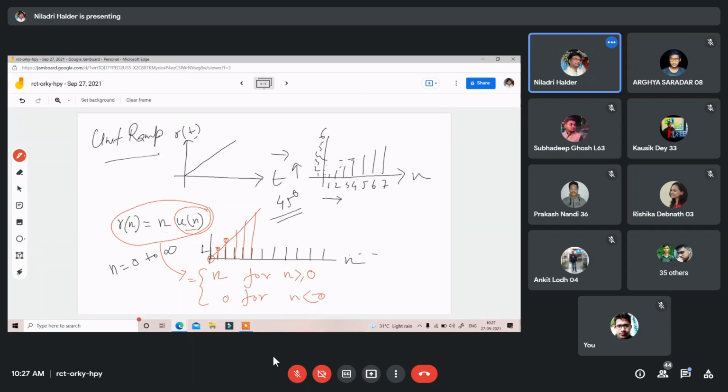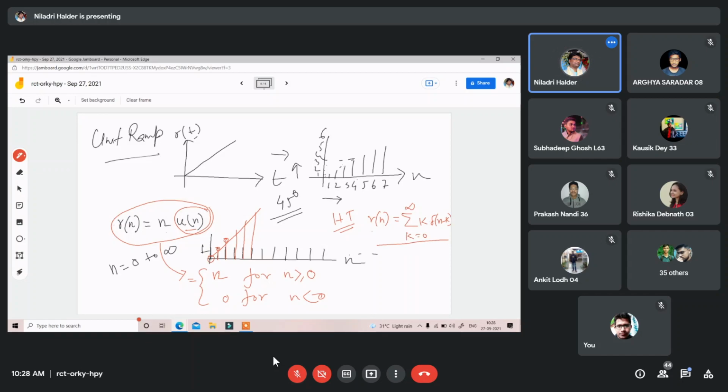r[n] equal to summation of k equal to 0 to infinity k delta[n minus k]. Just one thing, you need to prove that.